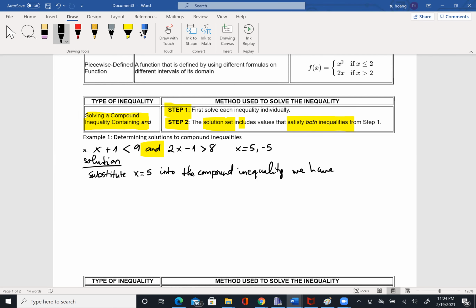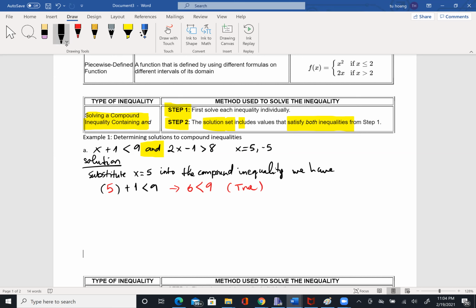So x plus 1 less than 9 now becomes 5 plus 1 less than 9. Is that a true statement? This is 6 less than 9, and it's a true statement, right?